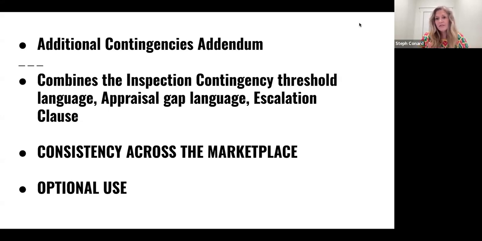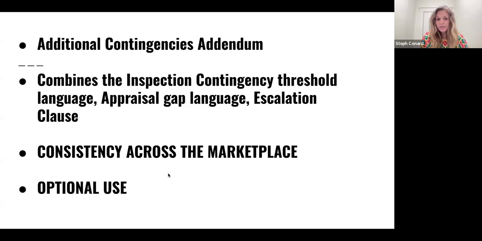People were even doing things beyond these standard three things. So again, it combines the inspection contingency threshold language, the appraisal gap language, and the escalation clause, and it was to provide consistency across the marketplace in terms of how the language read. Different brokerages were using different things.